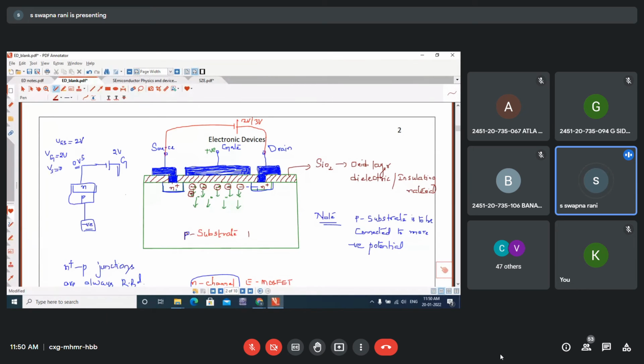So when holes are getting repelled and moving away from the oxide layer, negative ions are created.